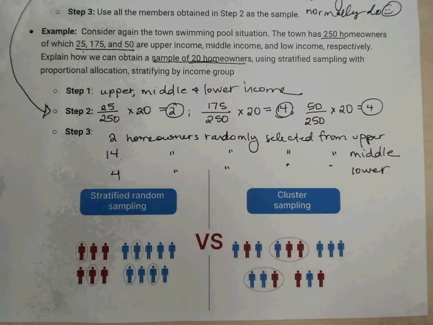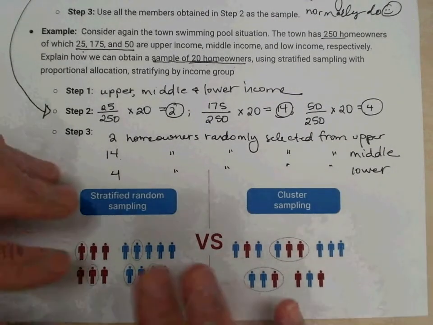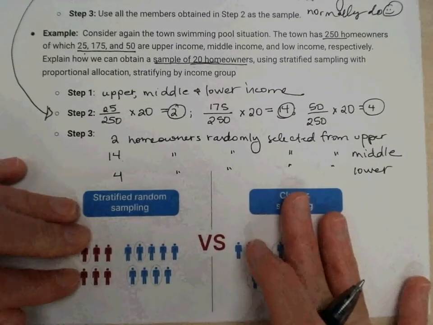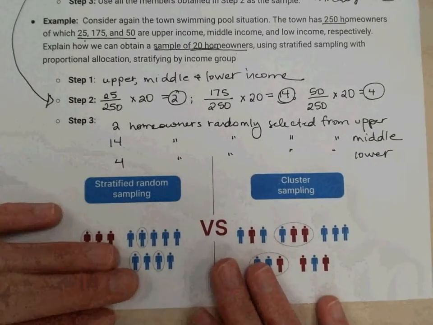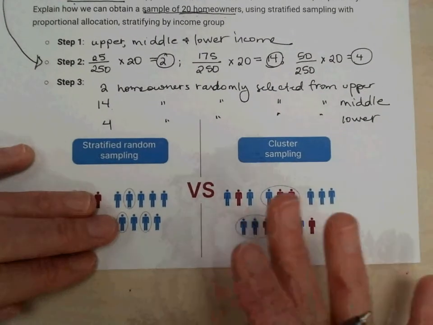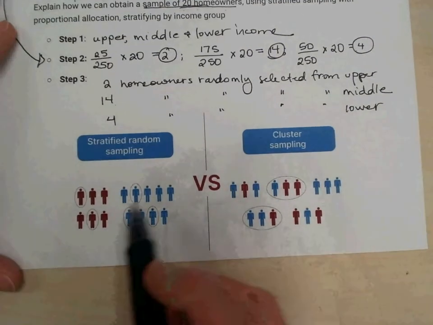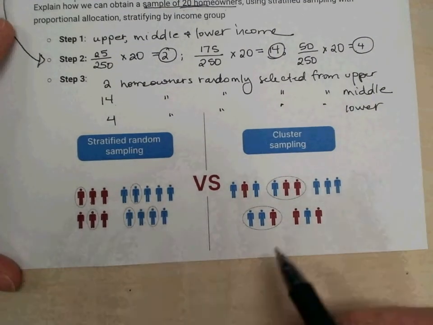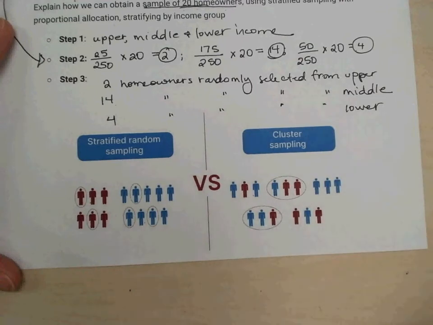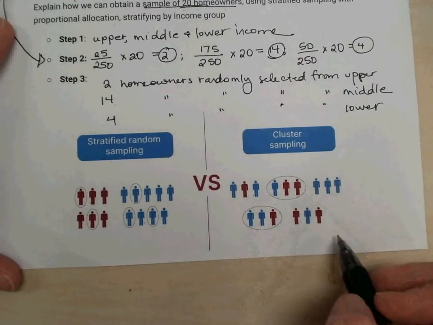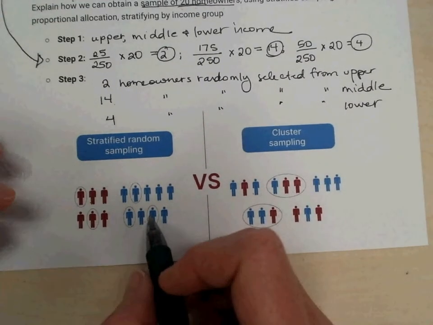So I think just to conclude here, stratified random sampling and cluster sampling often get mixed up. So here's a little visual to come back to distinguish the difference. So you notice here we have different strata or groups. Here it's clusters.